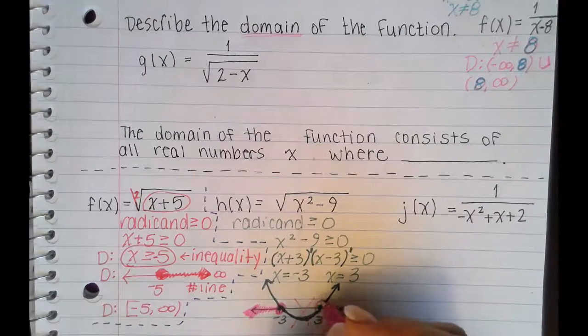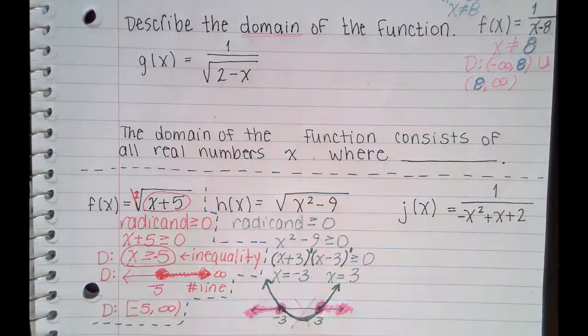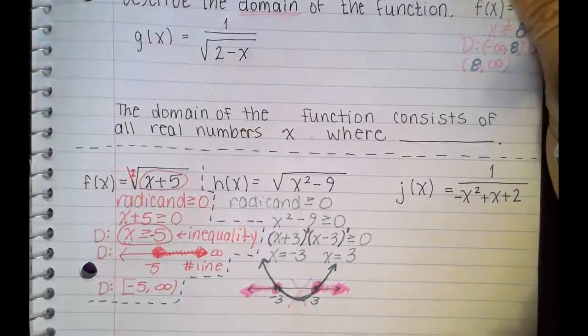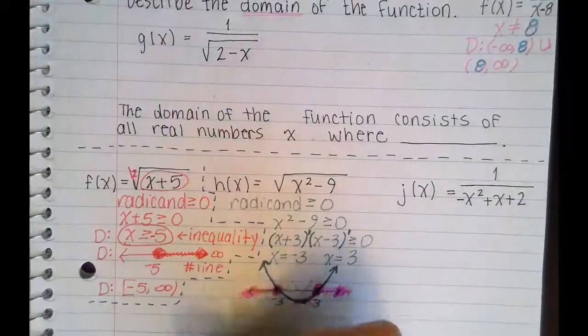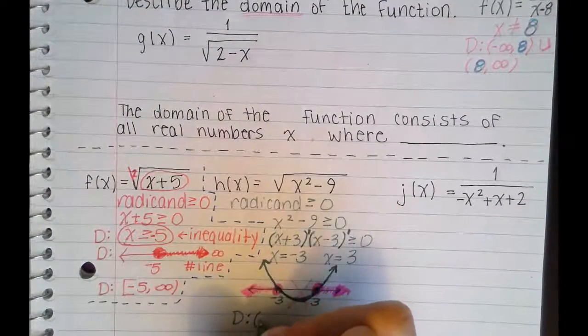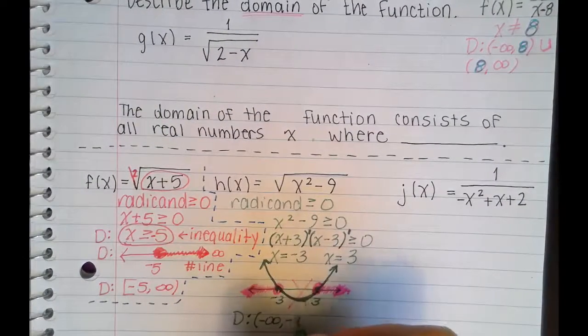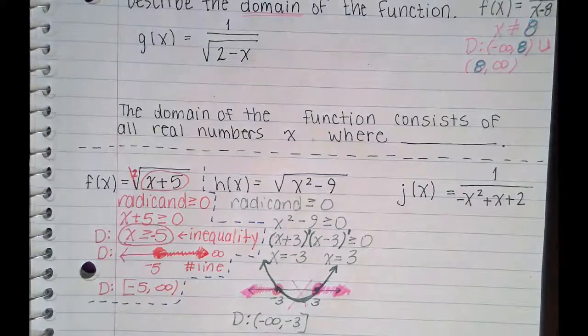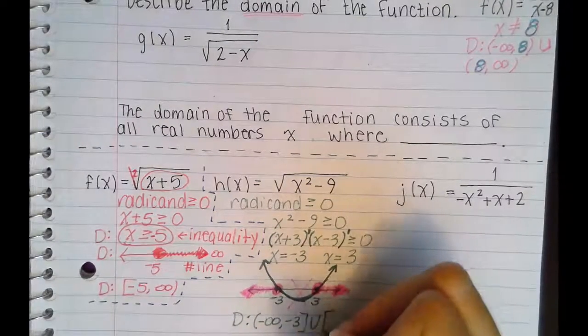So the way you write your domain for something like this is capital D for domain, from negative infinity until negative 3 with a bracket, because that is included, union 3 until infinity. Alright? If you had to write that using an inequality instead, okay?